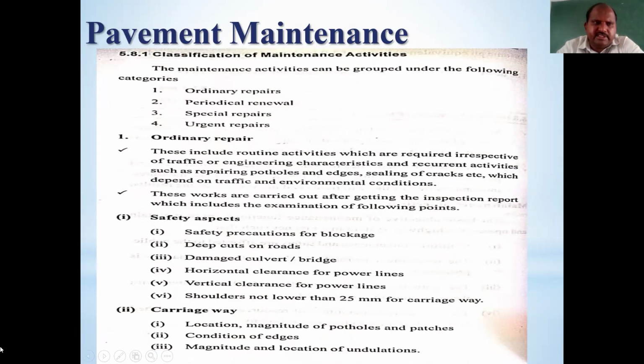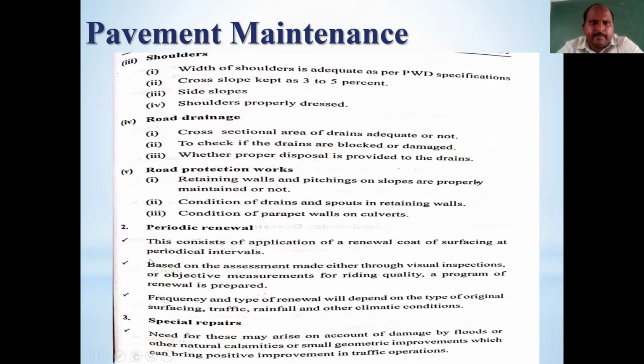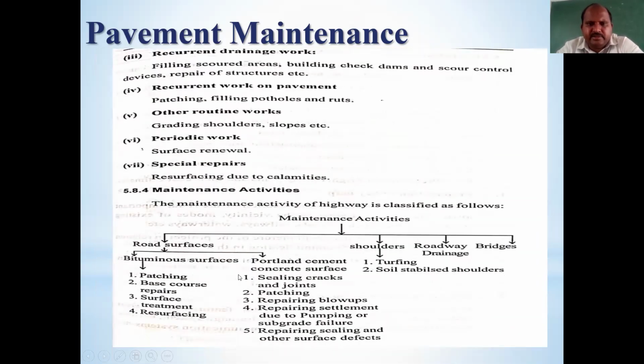So the first one is ordinary repairs. That is, the maintenance is classified as ordinary repairs, periodically renewable, special repairs, and finally urgent repairs. So we are seeing them one by one in an effective manner. These are some maintenance activities, first road surface.